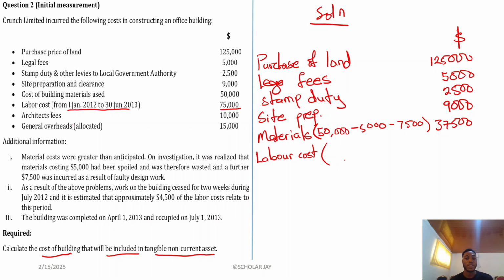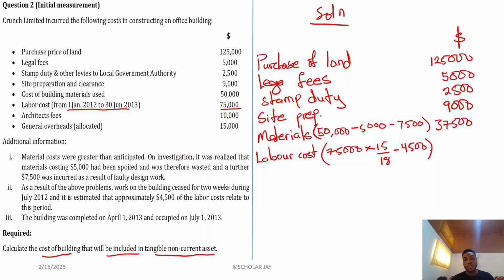So what you are supposed to do is that you must find the proration, right? So you have to prorate, right? So we are going to find 75 times 15 out of 18. Is that not it? Then after, we subtract the 4,500 from it.